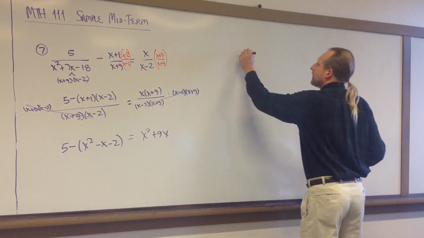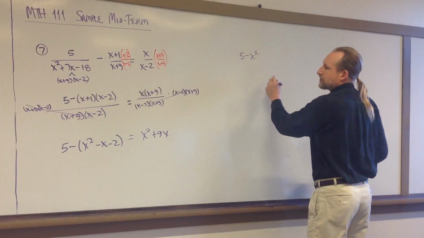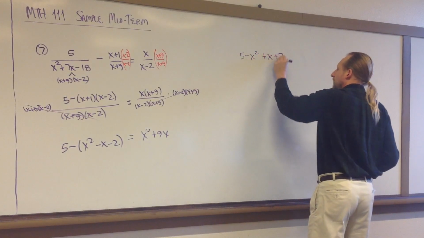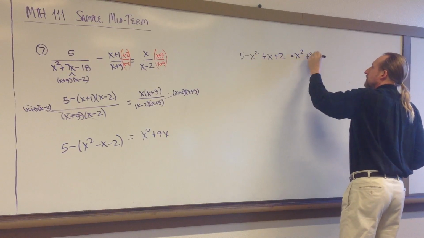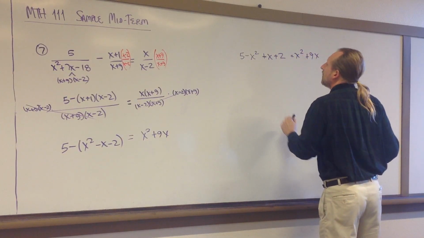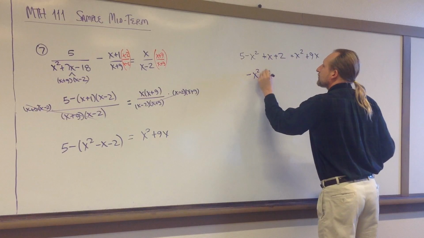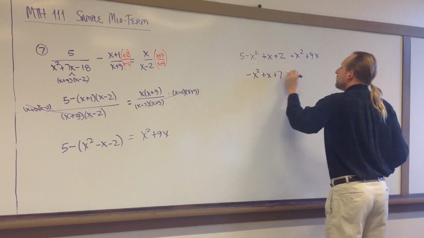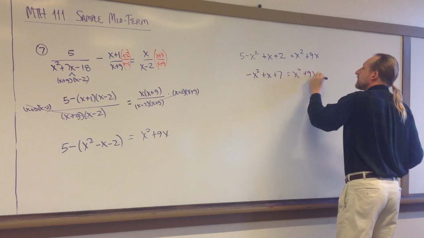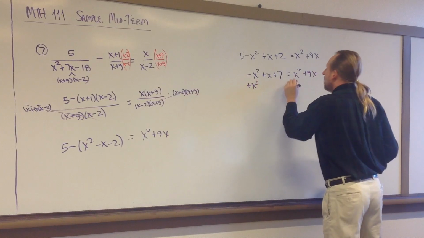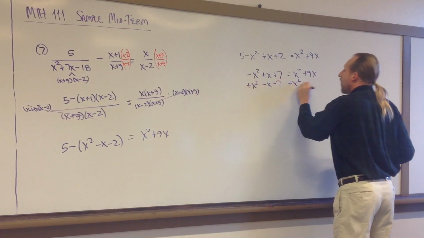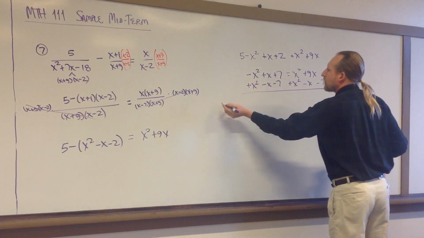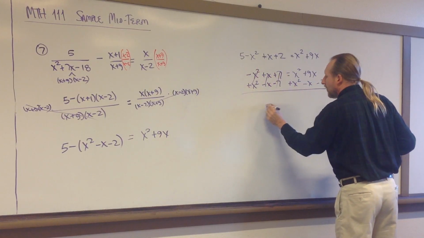Let's see. So this is going to be 5 minus x squared plus x plus 2 equals x squared plus 9x. All right, so negative x squared plus x plus 7 equals x squared plus 9x. And let's move everything over to this side. So that makes 0.